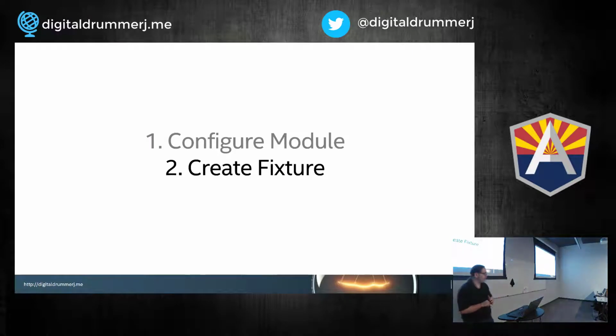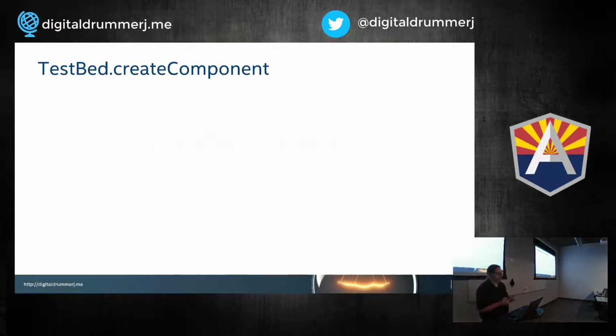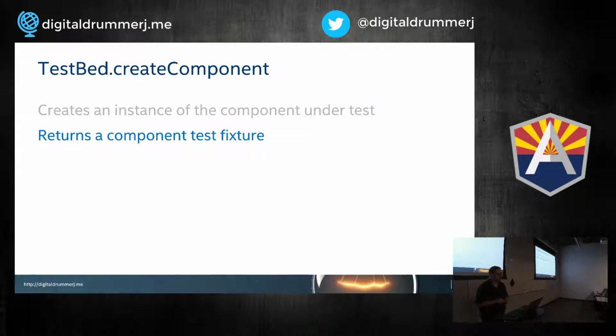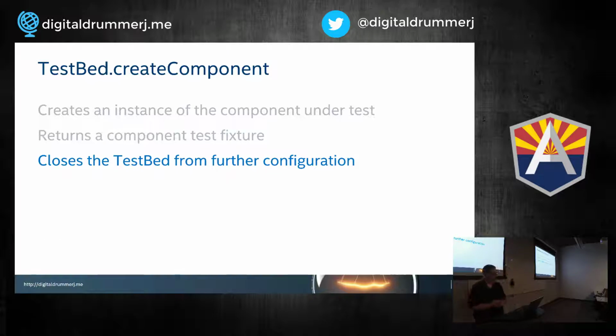And that's where we start doing our createComponent. So in TestBed.createComponent, we will create an actual instance of the component we want to test, and it'll return back our test fixture for us. And a very important piece is it closes our TestBed to any further configurations.